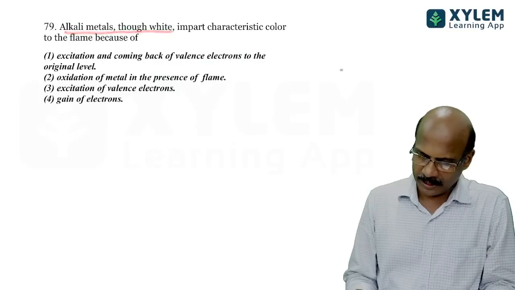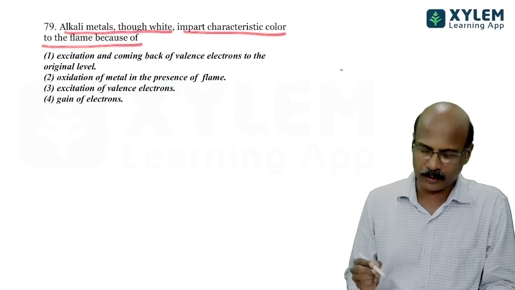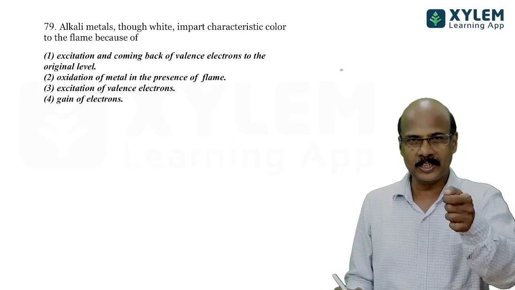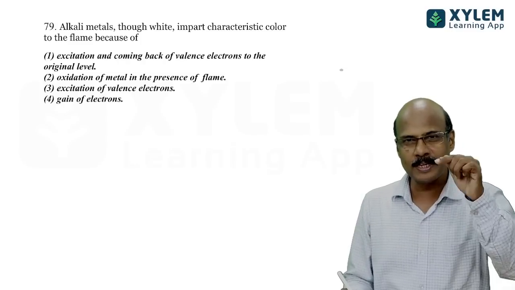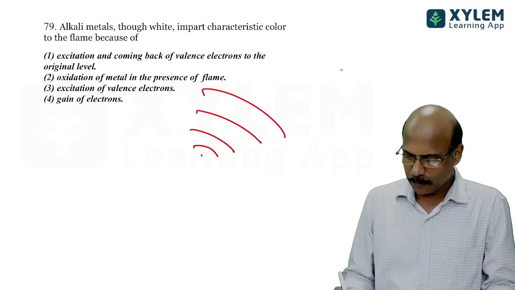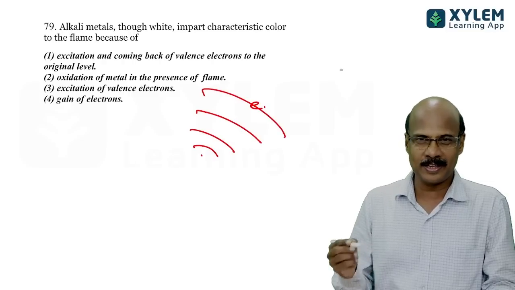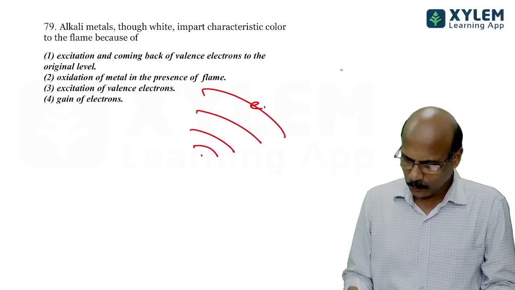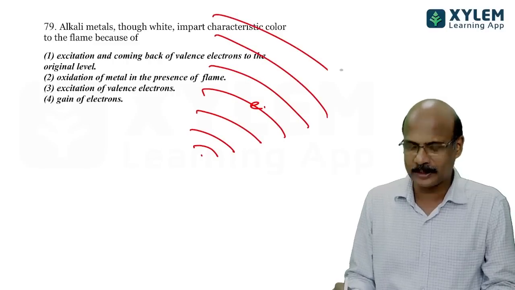Alkali metals, though white, impart characteristic color to the flame because, you know, when alkali metals are heated in a flame, their valence electrons are excited. You may wonder, valence electron means electrons are in the last shell. Then it is excited to a higher shell, means what? No doubt there are a lot of orbits around it.